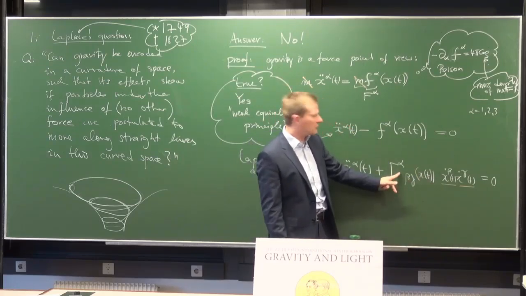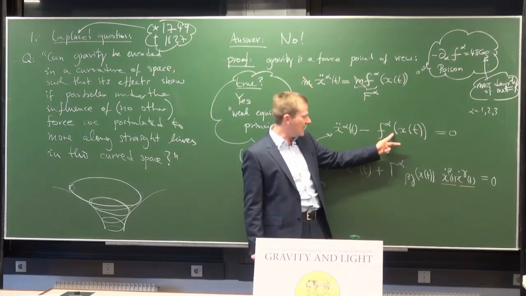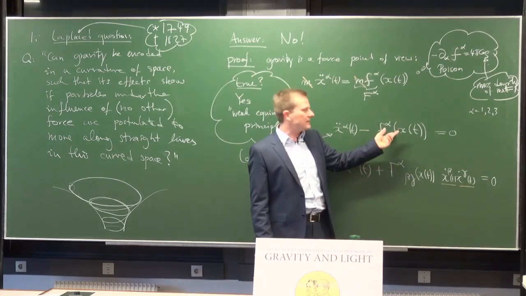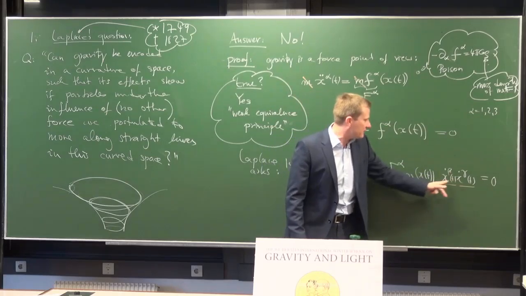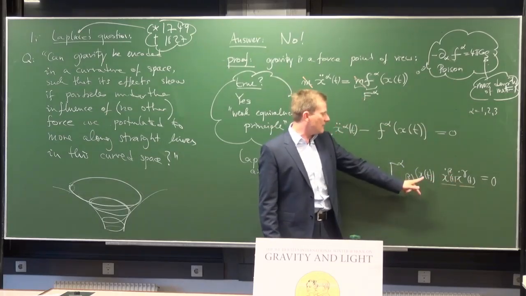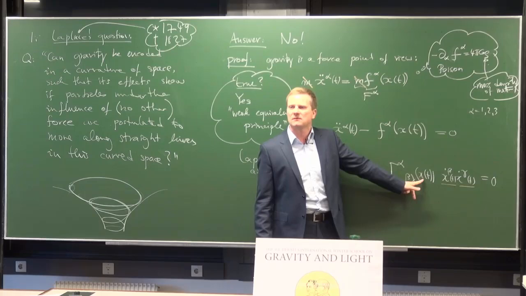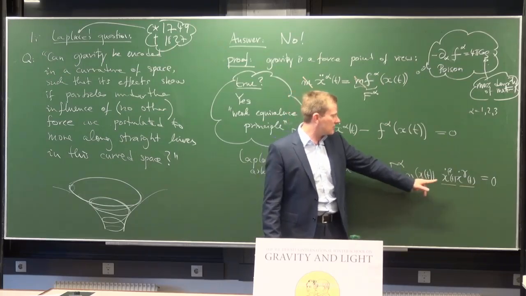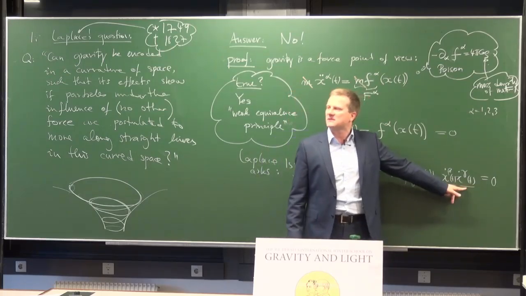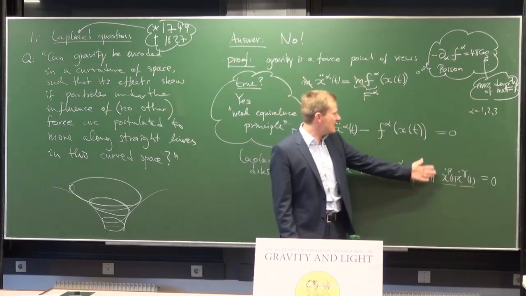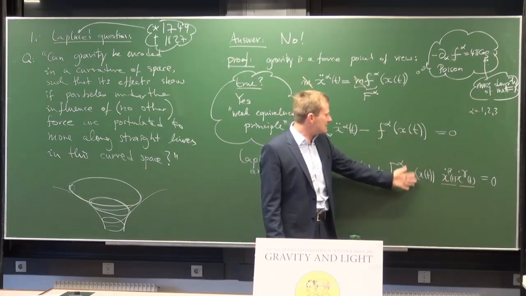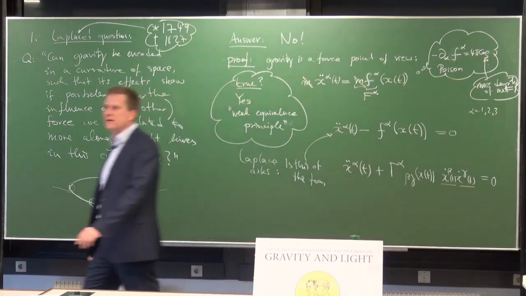Whatever choice you make for the gammas in terms of the f's, you can't make this match, because you can't get rid of the effect of the x dots, since the gamma only depends on x. Well, even if it depended on x dot, it would be very difficult to get rid of these vectors here. So the point is, this simply doesn't have the form of the autoparallel equation.